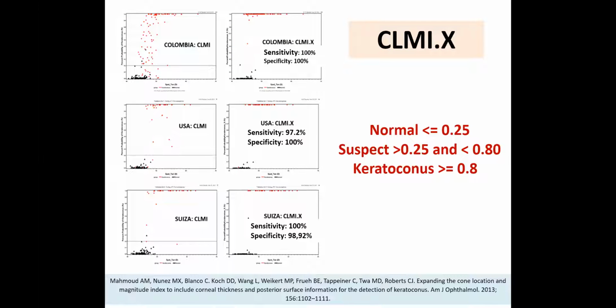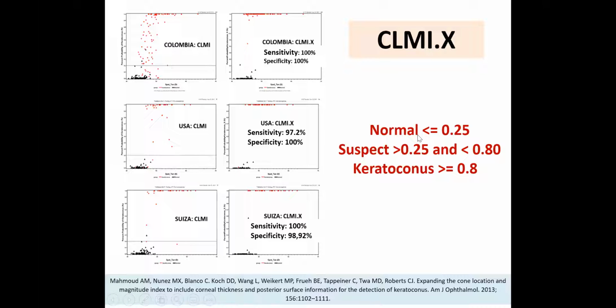So the next index will be the cone location and magnitude index plus, or X. And you can see the three populations which made the validation of this study in Colombia with Luke Koch, in Houston, and in Switzerland with Professor Frueh.